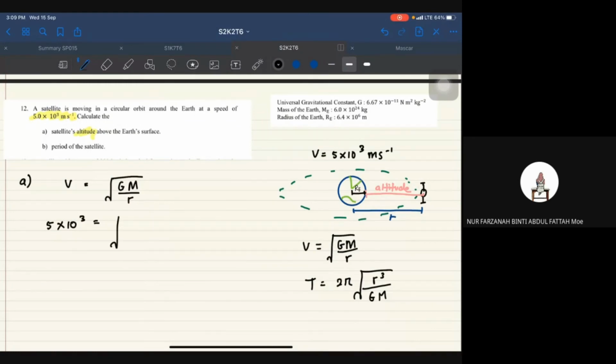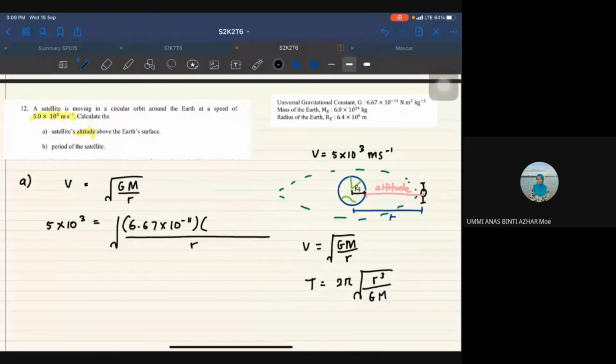Okay, square root of 6.67 times 10 to the power of negative 11 multiply with, okay, mass ni mass apa kamu nak pakai? Mass satellite ke mass bumi? Bumi. Okay, kalau kamu confused, kamu tanya diri kamu, M ni M besar ke M kecil?